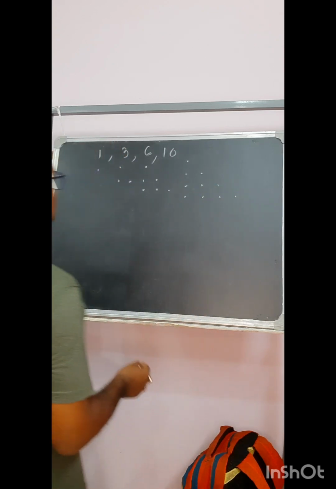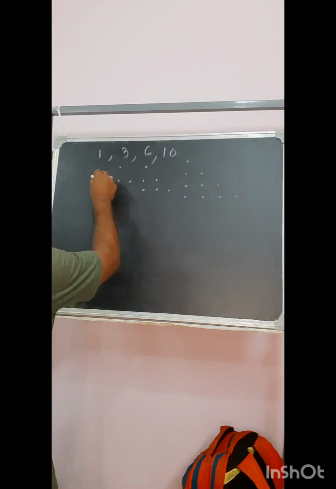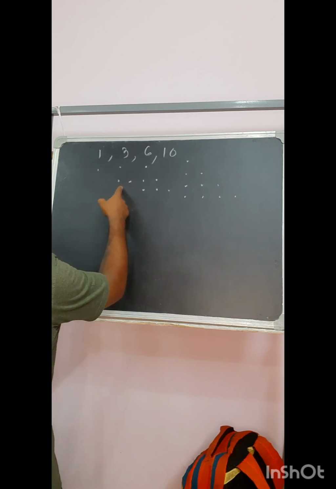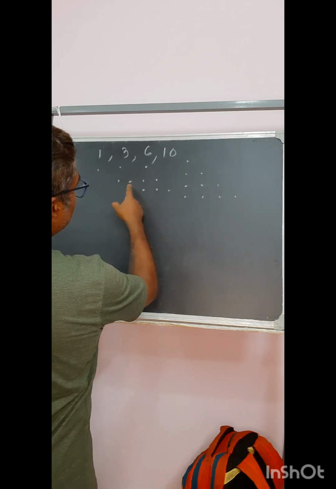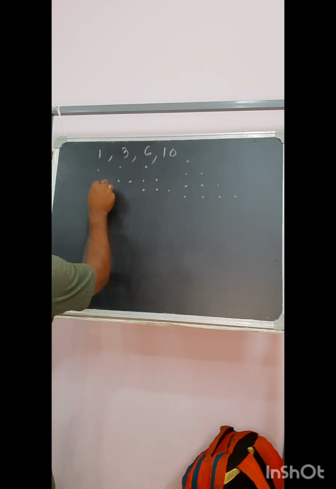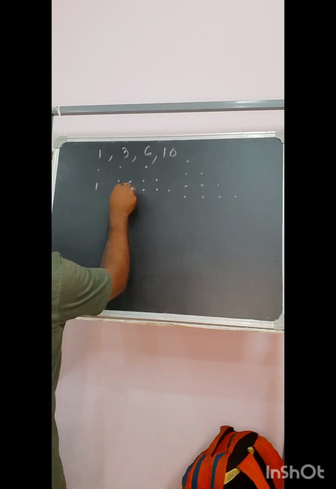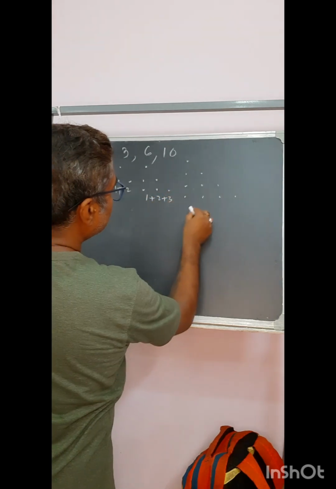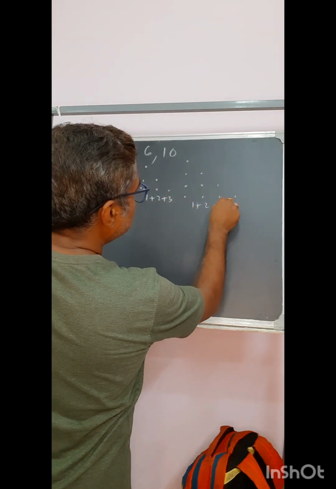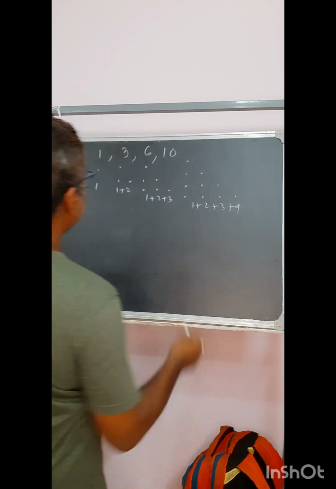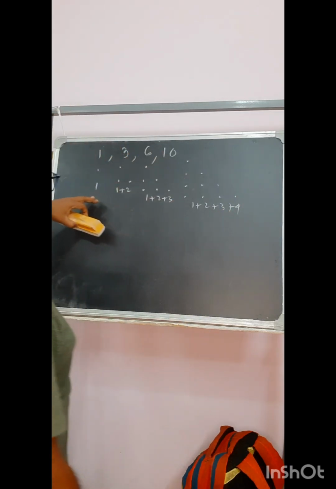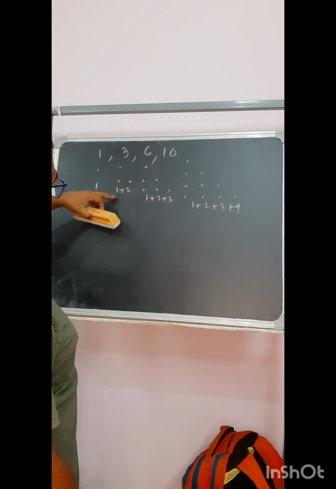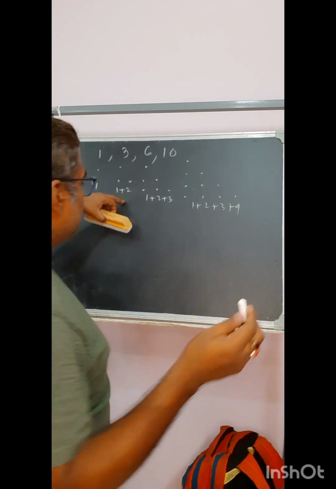And in this case you can see the number of dots per case is increasing by some pattern. Here it is 1, here 1 plus 2, here 1 plus 2 plus 3, then 1 plus 2 plus 3 plus 4. So this kind of number is achieved by adding consecutive natural numbers.